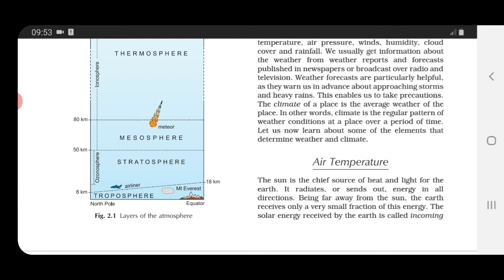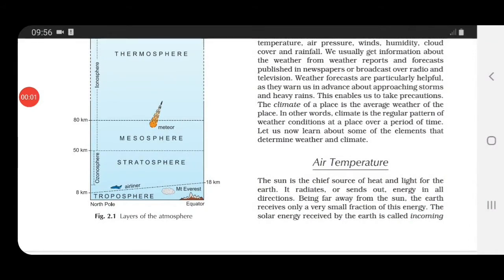Okay, being far away from the sun, the earth receives only a very small fraction of this energy. Because our planet is far away from the sun, our planet receives very small fraction of this particular energy which is radiated by the sun.